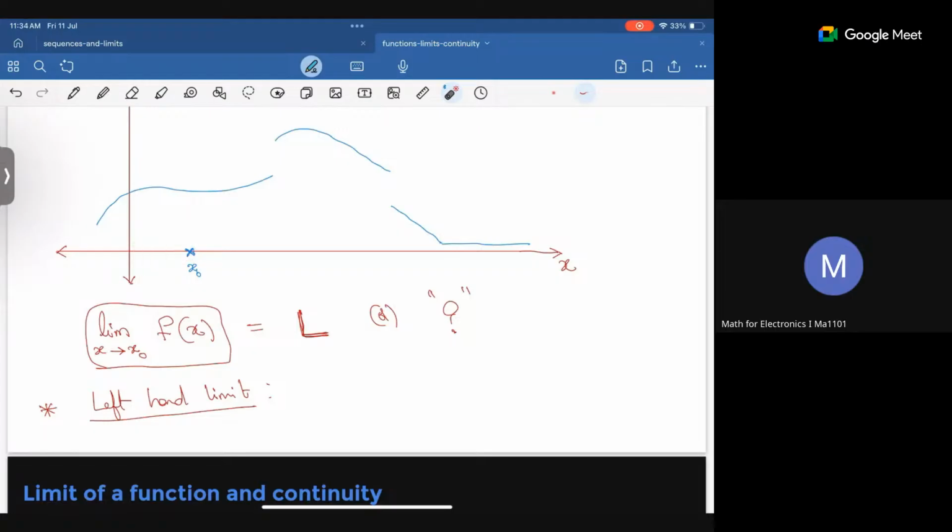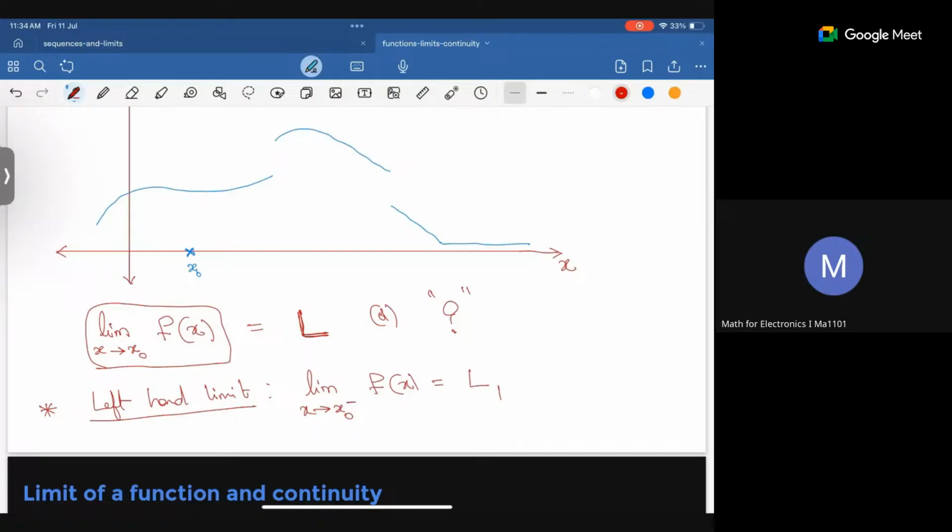Your starting term should be somewhere here, then the next term here, and slowly it should converge to x0 from the left side. The notation for that is limit x tends to x0 minus. Minus means it is coming from the left hand side. So we will compute this. What is happening to f of x? Let's say this will be equal to some L1.